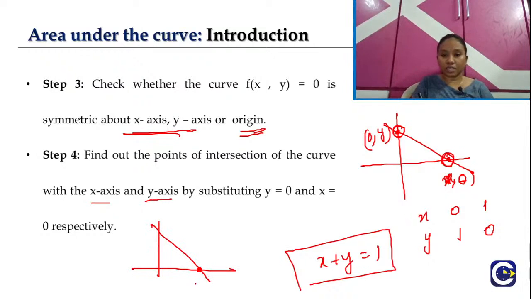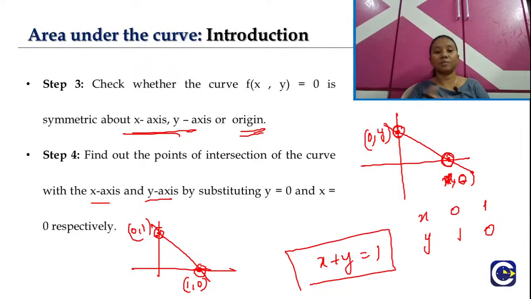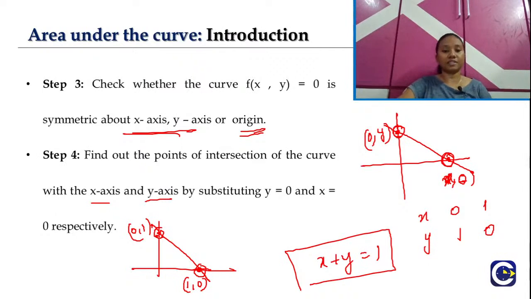When x is equal to 1, y will be 0, and when y equals 1, x will be 0. So these are the two points of intersection of the curve with the x-axis as well as the y-axis. This we can also check while plotting the curve on the coordinate axis itself.